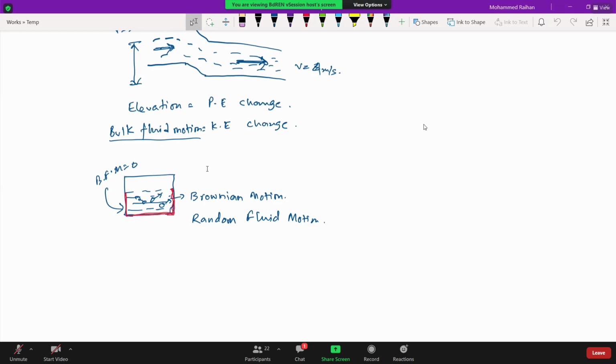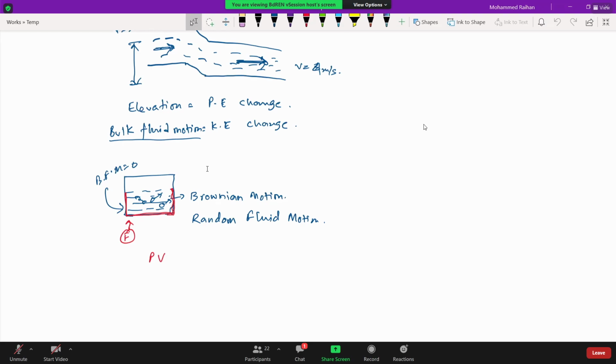Now wherever some forces are applied, you are actually doing some work, right? So let's say the pressure of the fluid is P, and it has the capacity to do work P times V, where V is the change in volume.